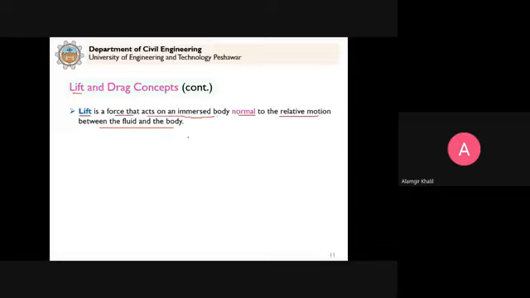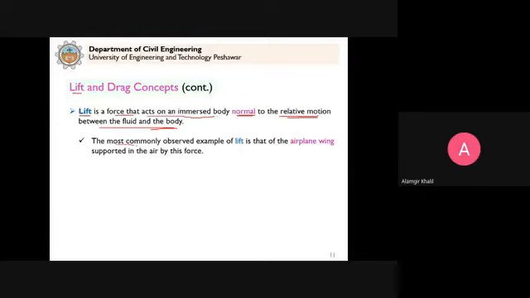What we studied about the drag force is that it is the force acting on a body in the direction of motion of the moving fluid. Lift acts perpendicular to the relative motion between the fluid and the body.